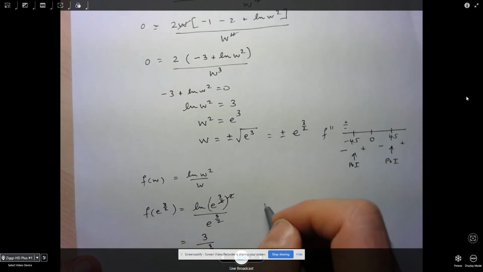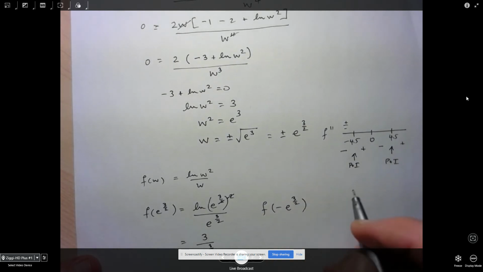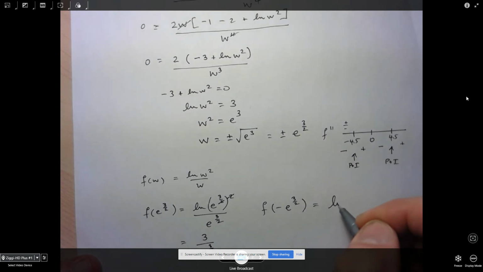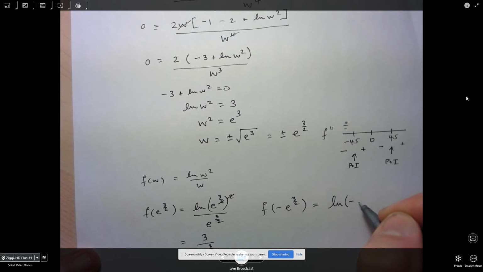For f at negative e to the 3 halves, I'm going to have something almost identical, because the numerator is going to do the exact same thing, because here we have ln of negative e to the 3 halves squared. But remember, the square also applies to the negative there.